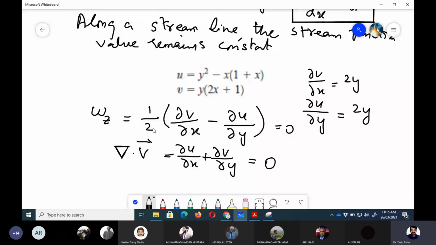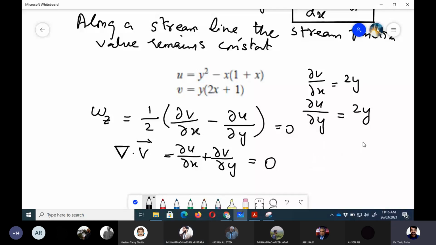So now if we determine partial u by partial x, if we see from here, it would be minus 1 plus x, I think, if I am right. Just a minute, let me do it.